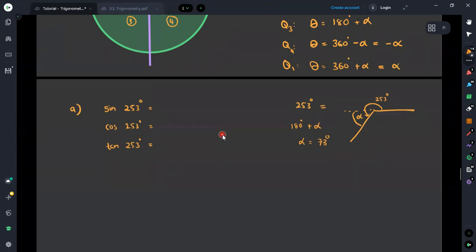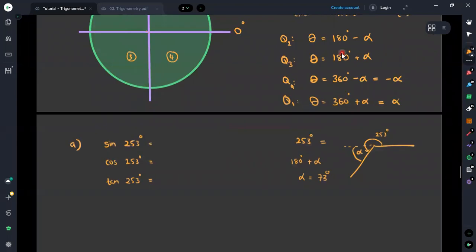But if you see the angles in the third quadrant, what we know is, if you have this in the third quadrant and it is given as sine theta, it will be written as minus sine alpha.